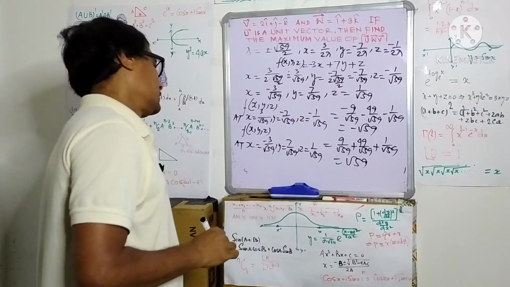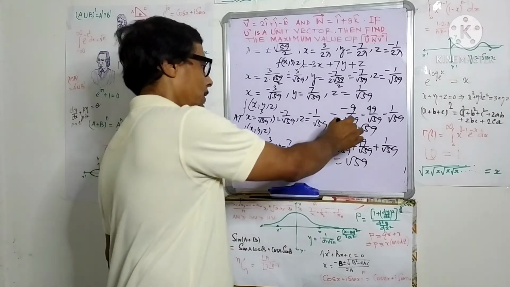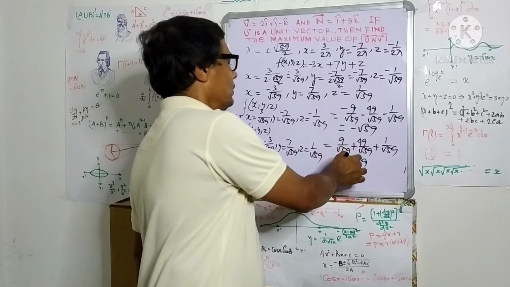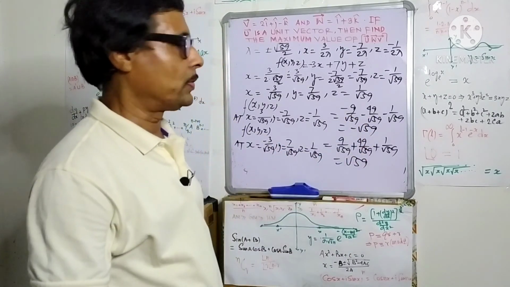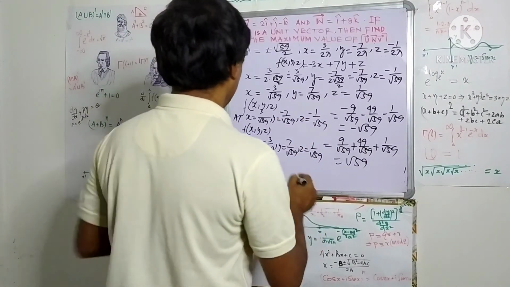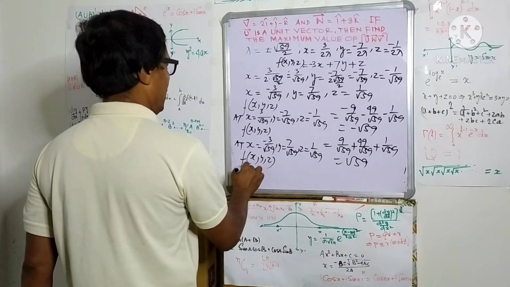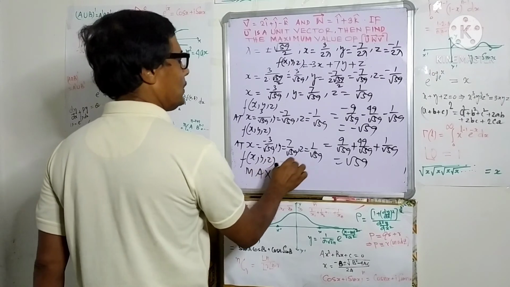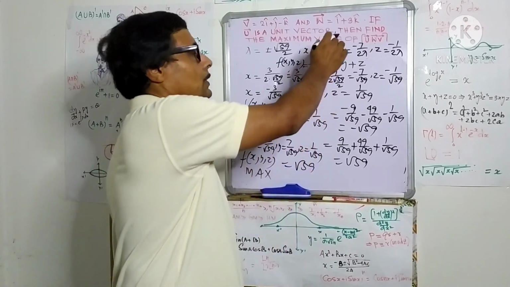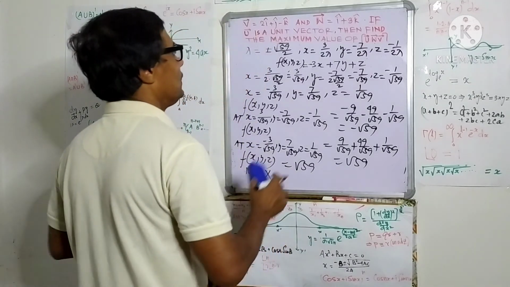Now we have two values of the function of x, y, z. One is minus root 59 and the other is plus root 59. Obviously plus root 59 is greater than minus root 59. So this is the maximum value of the function. So f max equals root 59. This is the maximum value of the box product UVW.